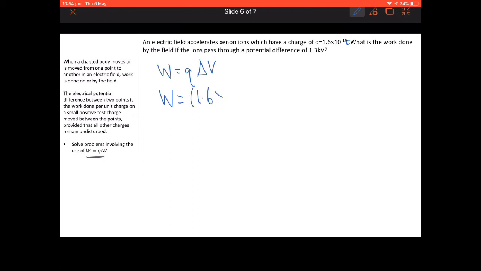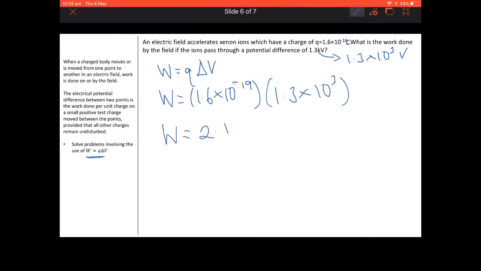So our charge is 1.6 by 10 to the negative 19 coulombs, and our potential difference is 1.3 kilovolts, which is 1.3 by 10 to the 3 volts. If we pop this into our calculator, we'll end up with a work amount of 2.1 by 10 to the negative 16 joules.